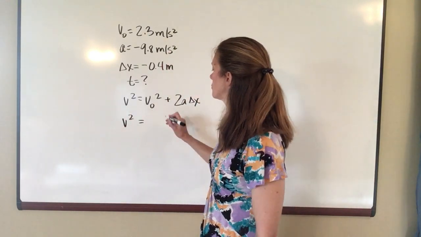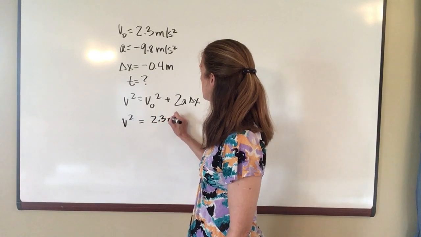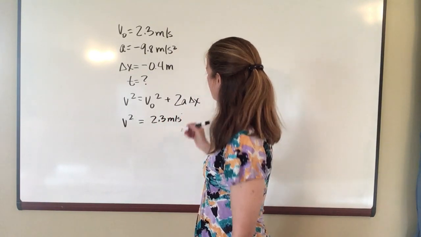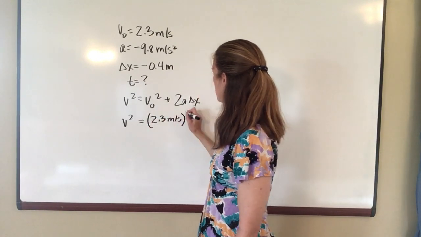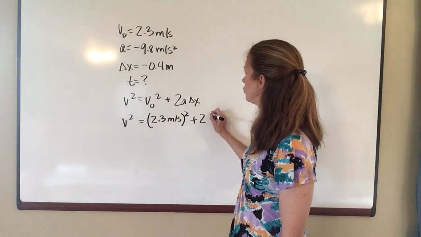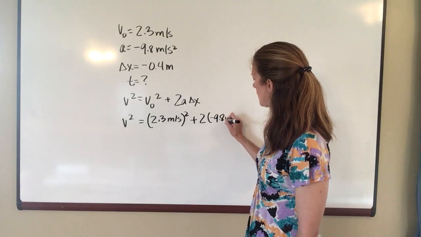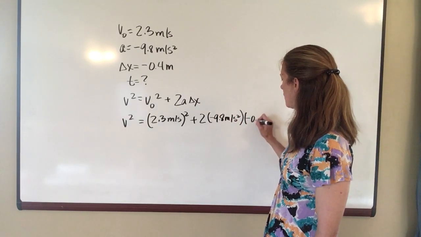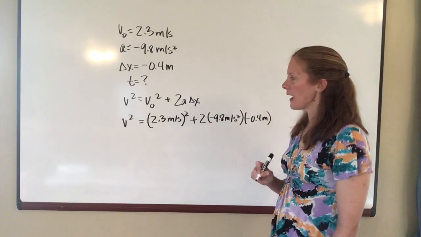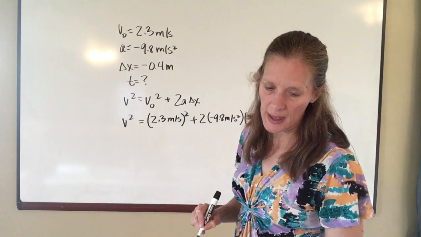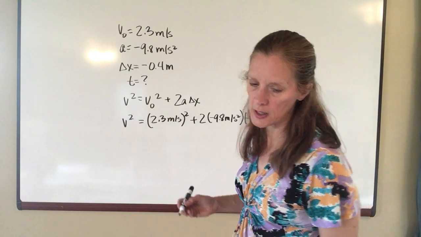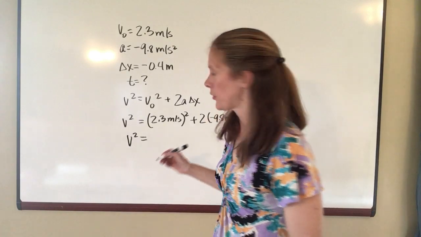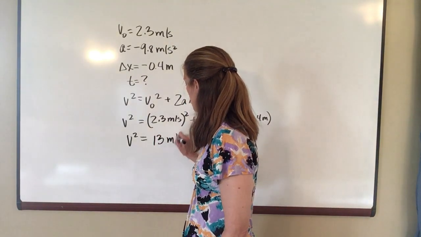So v sub 0 is 2.3 meters per second, quantity squared, plus 2 times negative 9.8 meters per second squared, times the delta x of 0.4 meters. And so when you solve all that, you end up with a v squared of 13 meters squared per second squared.